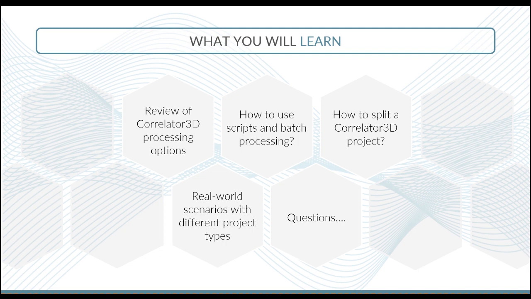I'm going to show you how and when you can split the project in the workflow. And then we're going to look at real-world scenarios with different project types and configurations. For each of them, we're going to discuss strategy and how we can process these types of projects efficiently with the different options we offer in the software. And finally, I'm going to answer any questions you may have at the end.